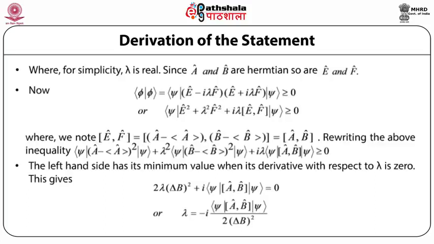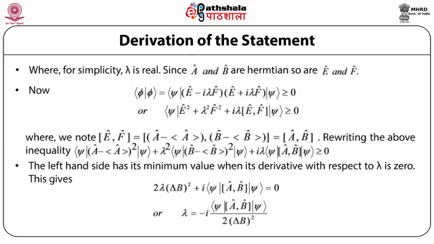As we have defined earlier, the state phi is defined as bracket open operator E plus iota times lambda times operator F bracket close times state psi, where for simplicity let us assume that lambda is real.